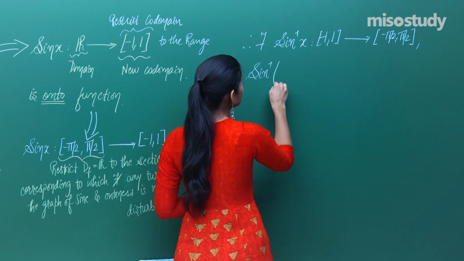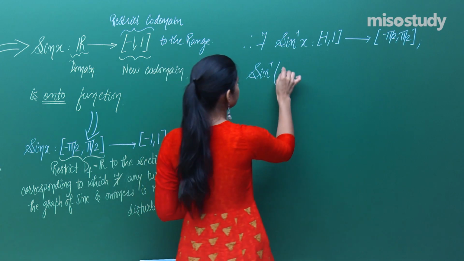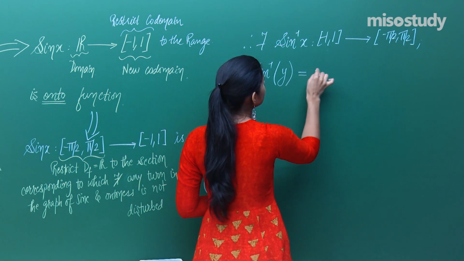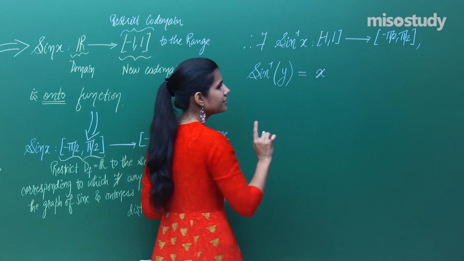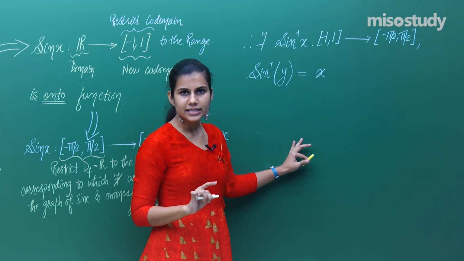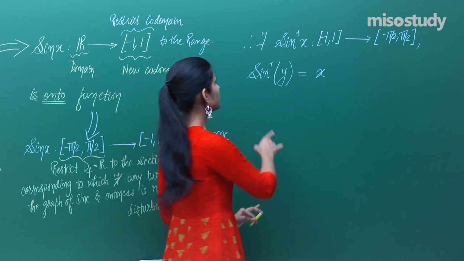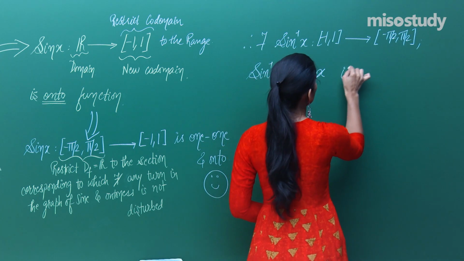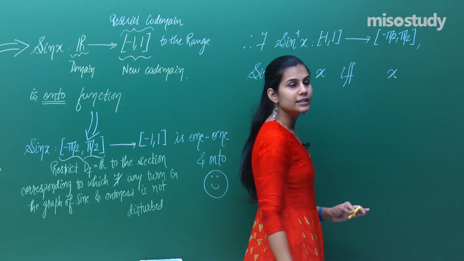when sine inverse is going to accept any input from minus 1, 1, it is going to send it to that x which is the unique preimage of y under sine. Remember, f inverse y is x if and only if x is the unique preimage of y under f. So sine inverse y is x if and only if x is the unique preimage of y under sine.